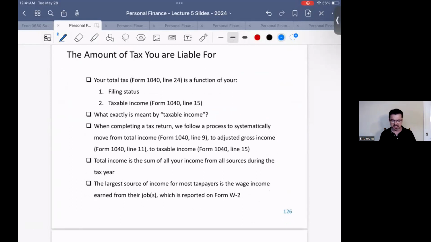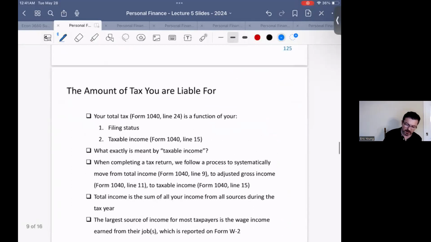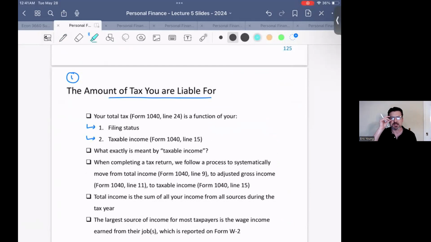Just to recap this, we just said it, but I'll do it one more time. The first key number, the amount of tax that you're liable for, this is a function of your filing status and your taxable income. Now, again, I want to stress that we have very specific terms in tax. Taxable income has a very specific meaning.